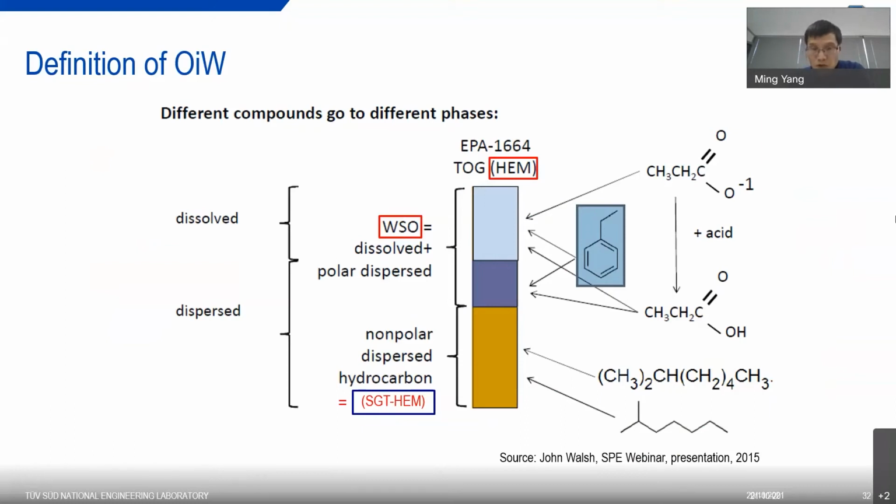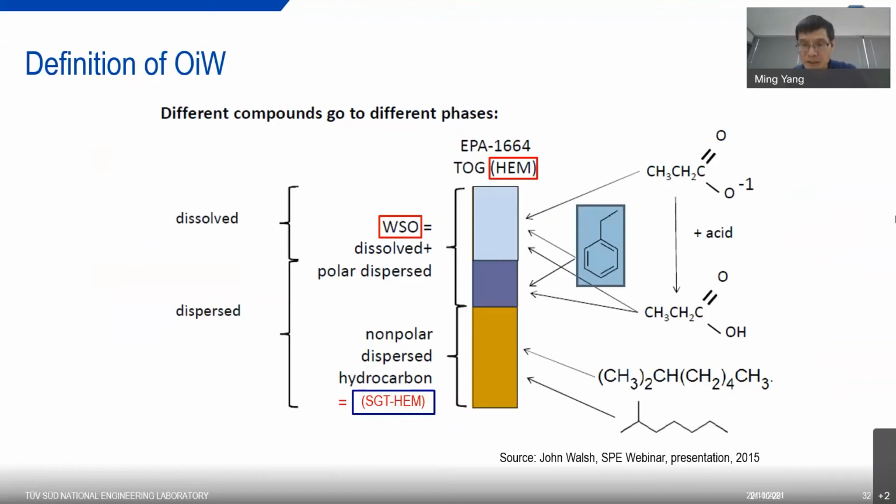The water-soluble organics, however, will contain two portions. The dark blue will be dispersed, and the light blue will be dissolved. In the water-soluble organics, we are looking at the organic acids and phenols, right? Now, the portion of dark blue, that's the dispersed portion, the percentage of that will depend on the pH.